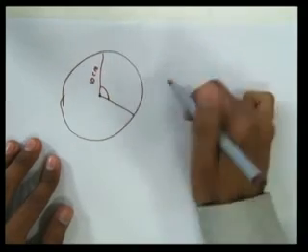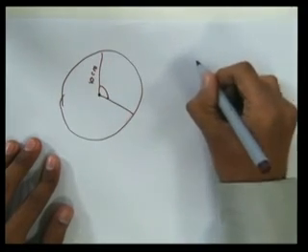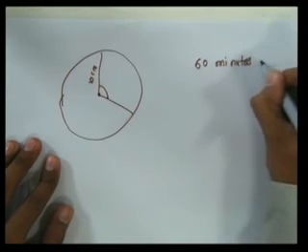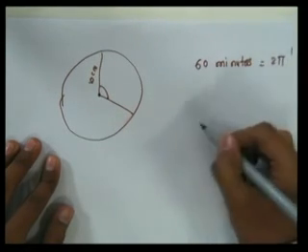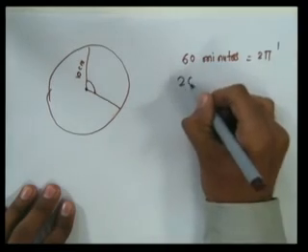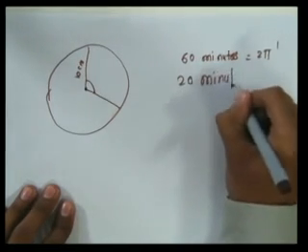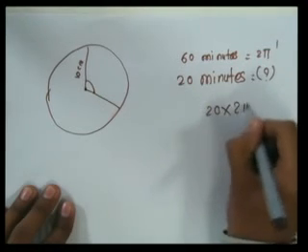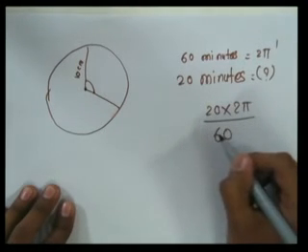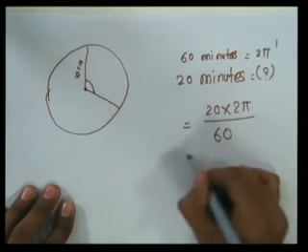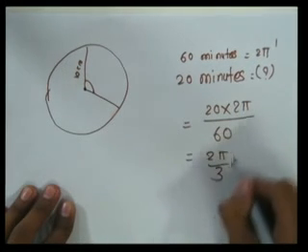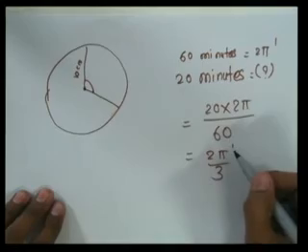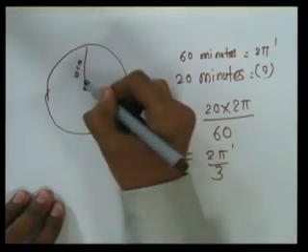We know that minute hand complete revolution gives after 60 minutes. Angle will be 2 pi radian. So for 20 minutes, how much? So 20 into 2 pi by 60. So angle is 2 pi by 3 radian, and 10 centimeter is length of tip of minute hand.